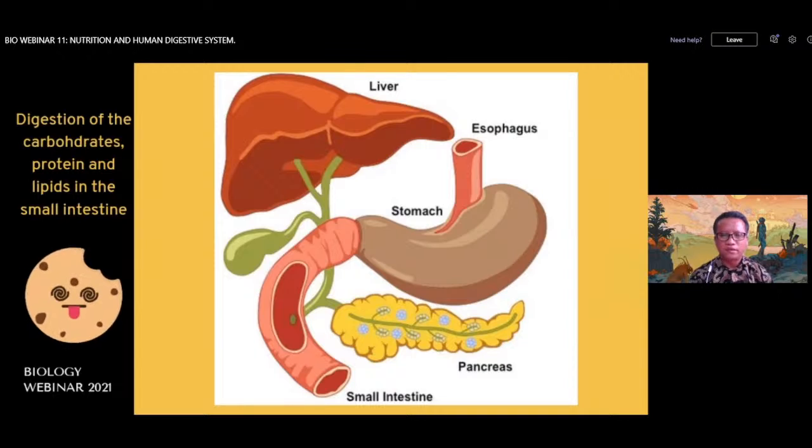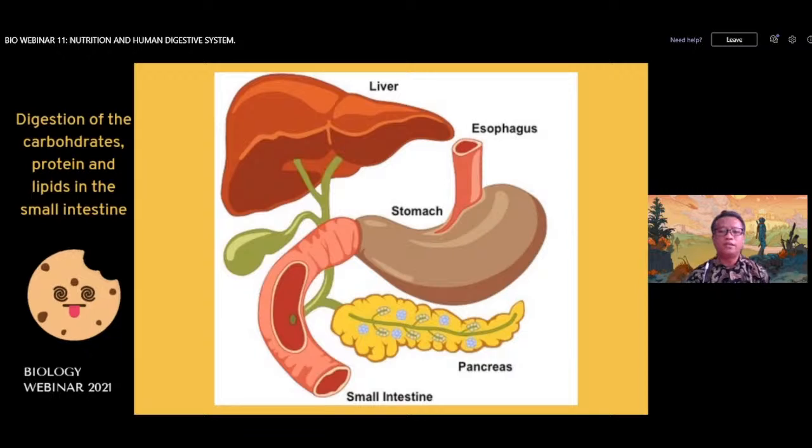Then when the food continues the journey, it will come to a structure called the pancreas, where the pancreas will secrete enzymes, and that is where all the digestion will be completed. Before the food reaches the pancreas, let's see the latest condition of the food. Let's start with carbohydrate.